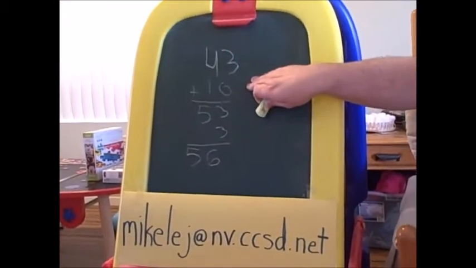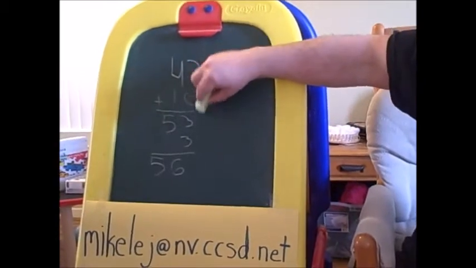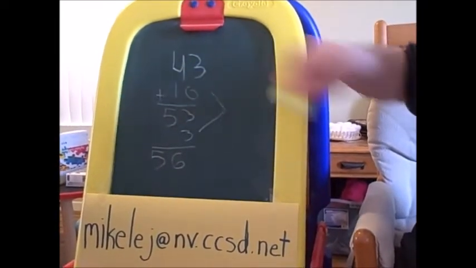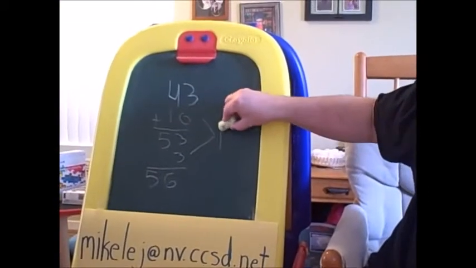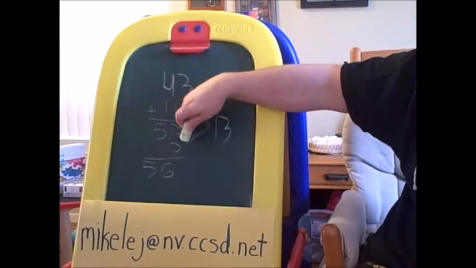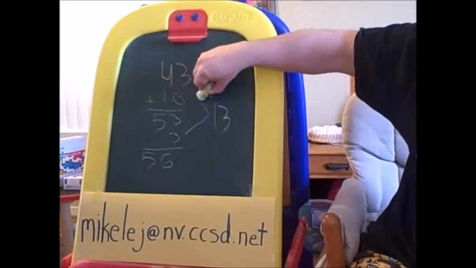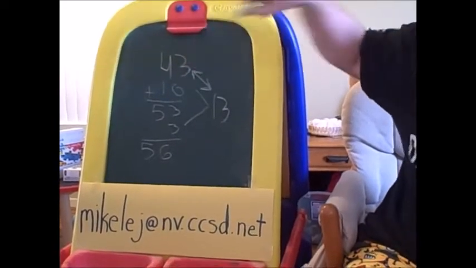So a group of 10 and 3 ones, my really smart kids will be able to figure this out, and they better all be able to figure it out because they're all smart. A group of 10 and 3 ones, 10 and 3 makes what number? Right, 13. So when we say 43 plus 10 and then 53 plus 3, that's the same thing as 43 plus 13.